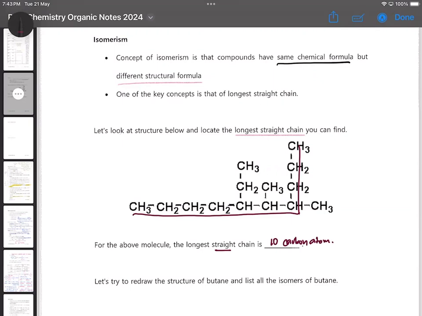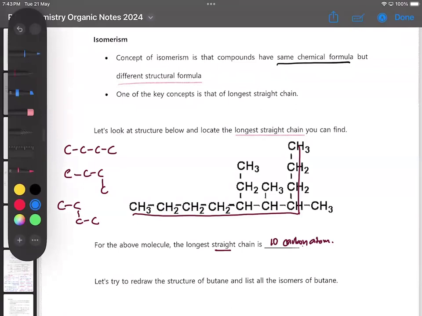So all this bending, when the chain actually bends up. For example, let's say I have something like this, and something like this, or something like this. These U structures are fundamentally the same. They are all made up of the longest chain of carbon being 4.